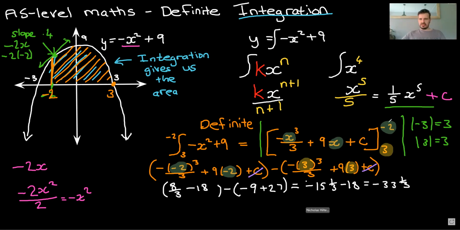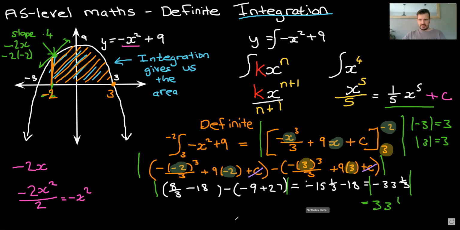And so as soon as I put this on, I can put the absolute value there and there, saying, okay, whatever I get here, I'm going to just make it the absolute value of. So if I put an absolute value sign around this, I then get 33 1/3, which is then the area.